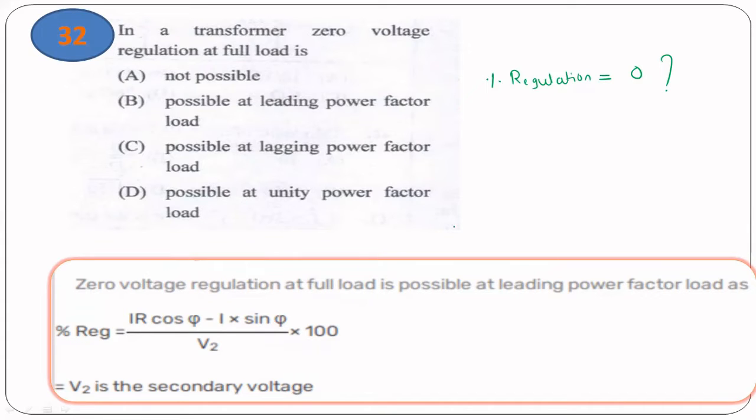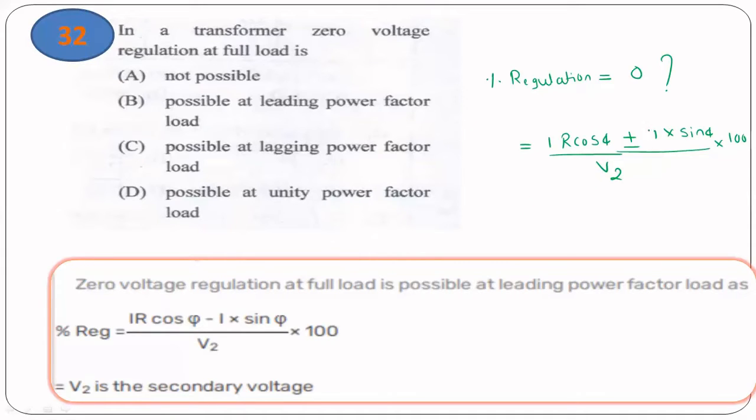The formula is I R cos phi plus or minus I x sin phi, divided by V2, into 100. So this is the formula to calculate percentage regulation.